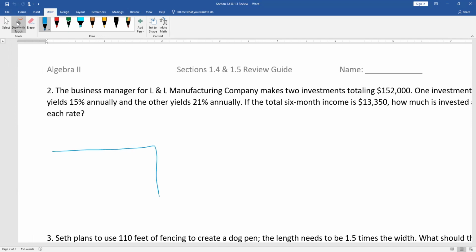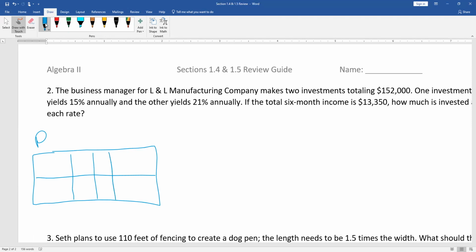So for those of you that like to have the box, we have, so let's see here. I'm going to need some space. So this is the principal. Principal is going to be a bit large. And then the rate is not too bad.